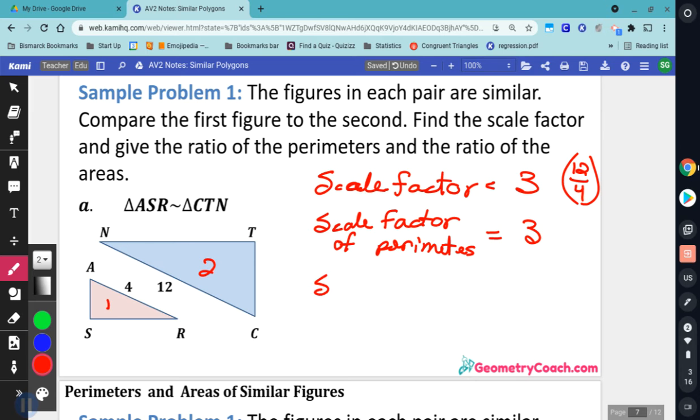And then scale factor of the area. Remember, it's old over new, but it's squared. So it would be 12 squared over 4 squared. So that's 144 over 16. And that simplifies to 9 over 1.